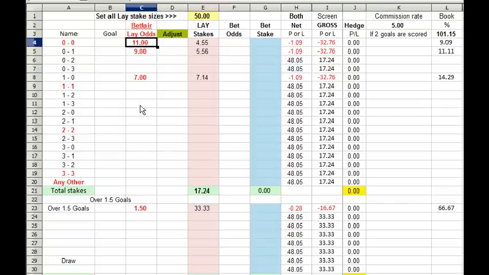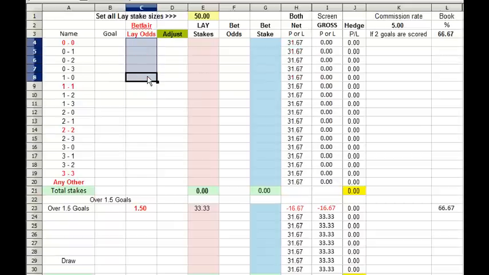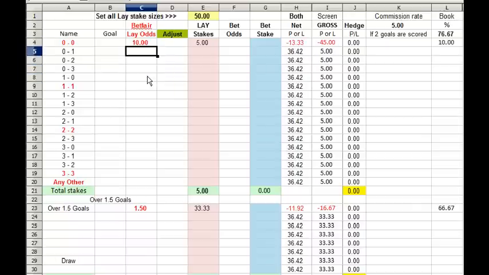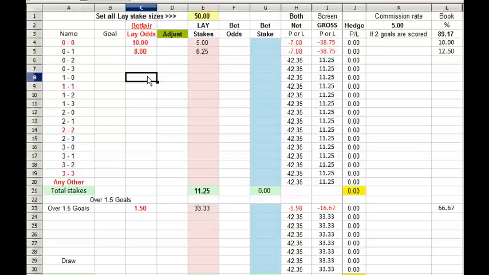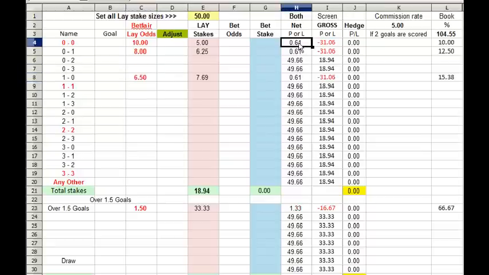So if we laid later in the game at 10, 8 and 6.5, we will then be showing a small profit whatever happened in the game, of 61 pence at the top in the correct score and £1.33 at these stakes in over 1.5 goals.